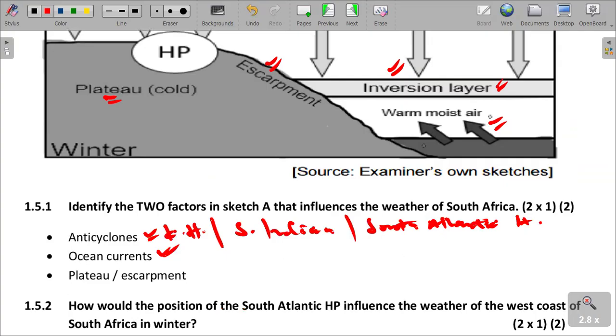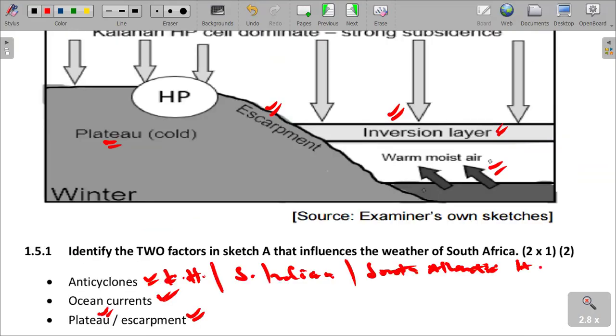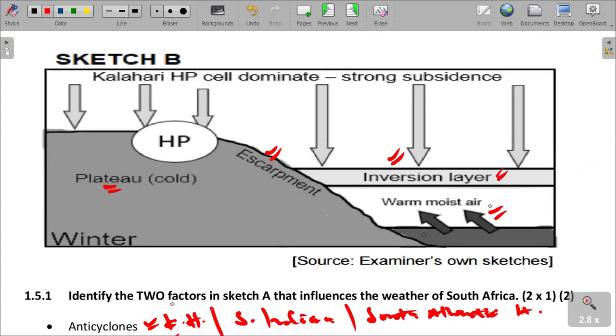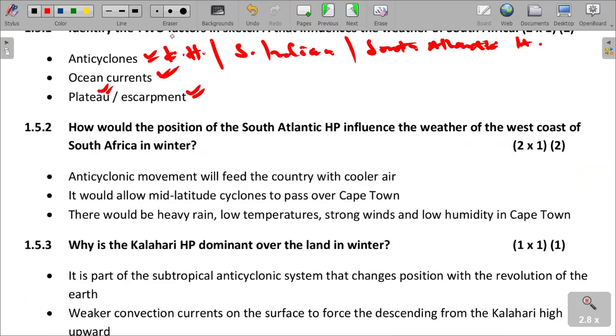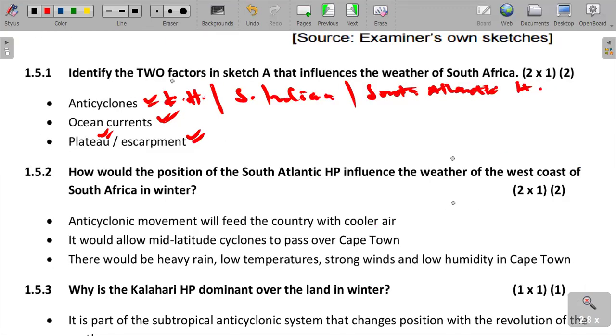We are also seeing the presence of the plateau or the escarpment, which is resulting in the inversion layer that we are seeing here. The Kalahari high pressure cell dominating there is shown, resulting in strong subsidence, the strong falling of wind that is given here. Therefore, what happens here is that we have got weather conditions in South Africa as a result of these three factors.